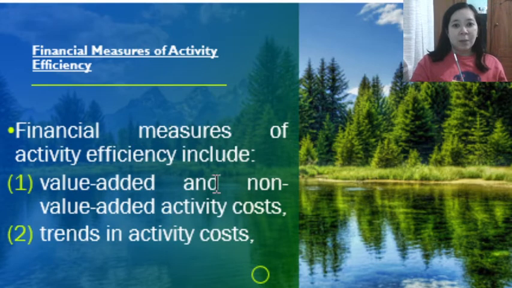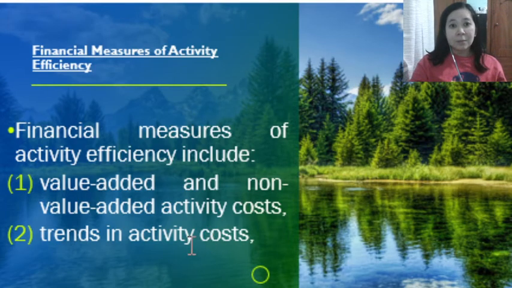So financial measures of activity efficiency will include value added and non-value added activity costs, as well as the trends in the activity cost, because we are measuring here the performance of the activity in terms of the financial aspect.